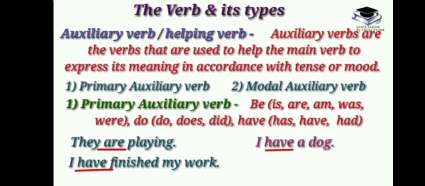Students, in both these examples, one thing you should be very clear about is that auxiliary or helping verbs can be used as is, are, am, was, were, will, shall, do, does, did and has, have, had. With these helping verbs, they change the mood and state of the main or lexical verb.